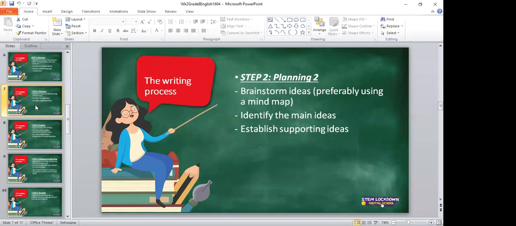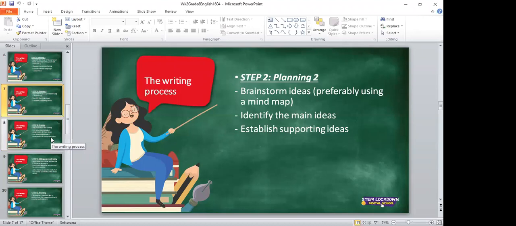We plan so that we will have everything we need, so that by the time you are done writing, you don't remember that there is this wonderful idea that you forgot. That won't be great. So when you plan, that's when you put all your ideas together, and how you can use them.